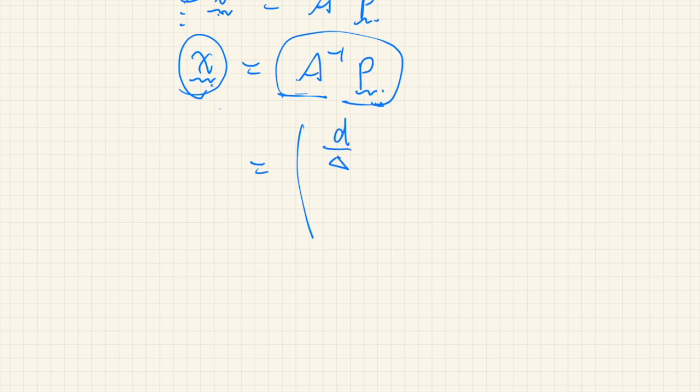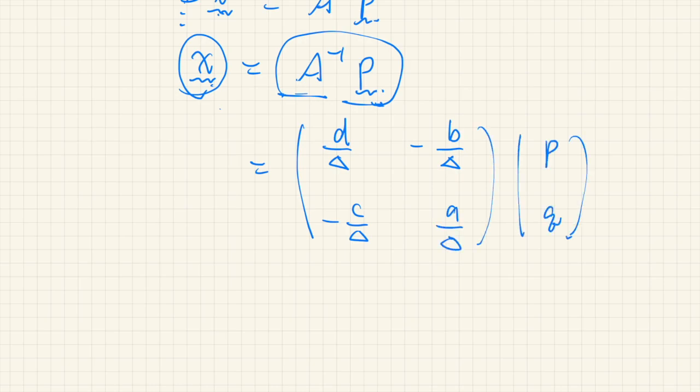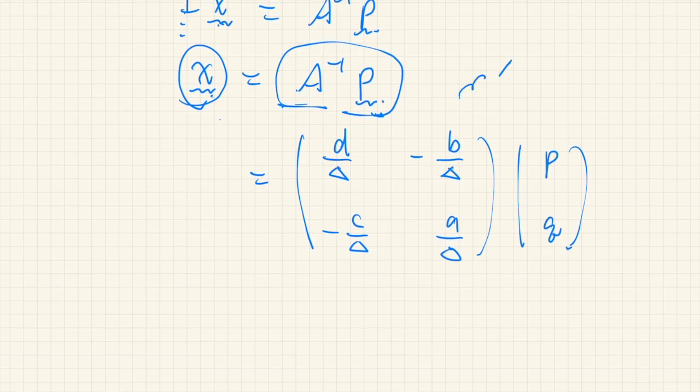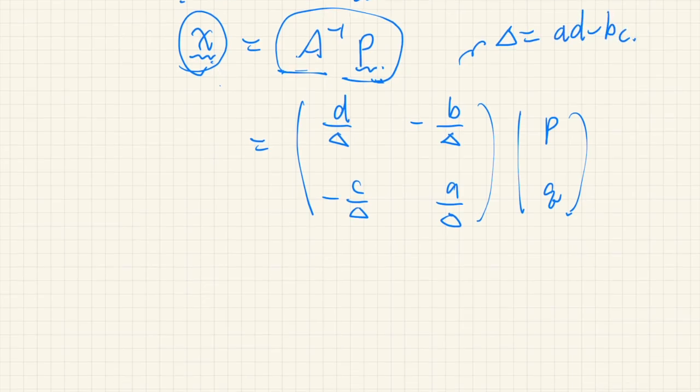D over delta, negative b over delta, negative c over delta, and a over delta, times (p, q). And of course here, delta is the determinant, ad minus bc.